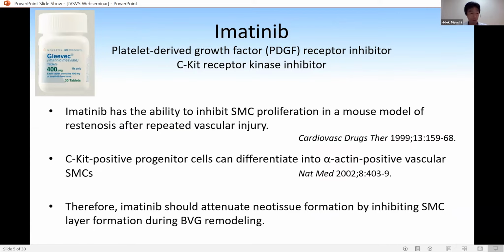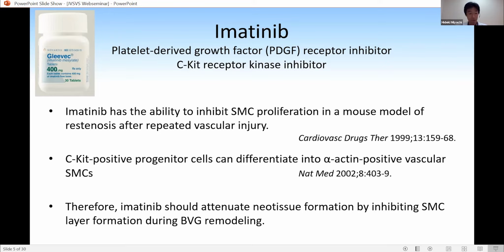Clinically, Imatinib is effective in treating gastrointestinal stromal tumors and chronic myelogenous leukemia, CML. In the mouse model, Imatinib has the ability to inhibit SMC proliferation in the stenosis after repeated vascular injury. And c-Kit positive progenitor cells can differentiate into alpha-actin positive vascular smooth muscle cells.